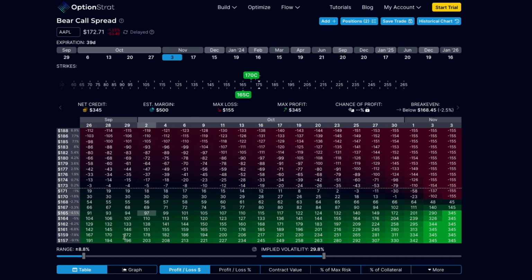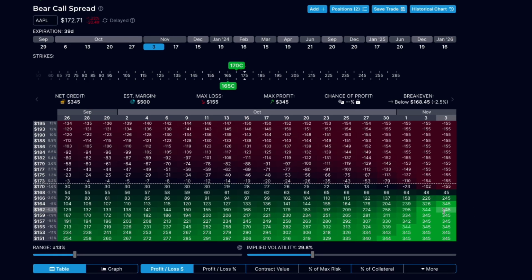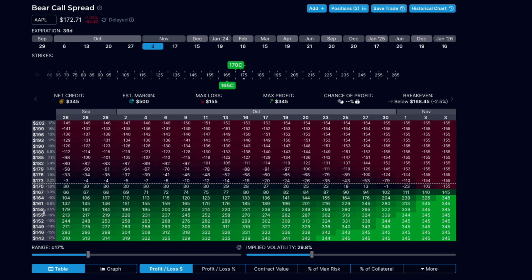If I reduce this a little bit, as you can see, whenever Apple drops beyond this point, your profit is going to be capped at this 345. That's your net credit. Even if Apple drops to 150, 152, your max profit is going to be capped here.